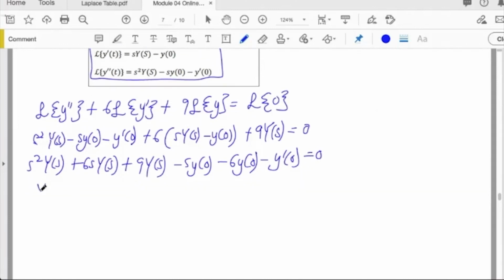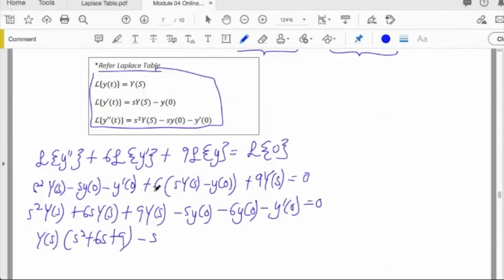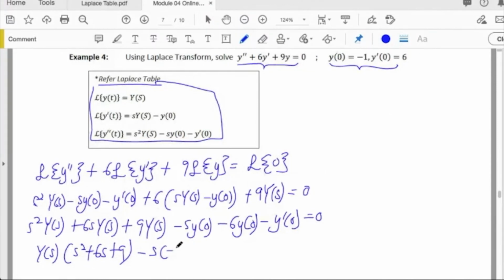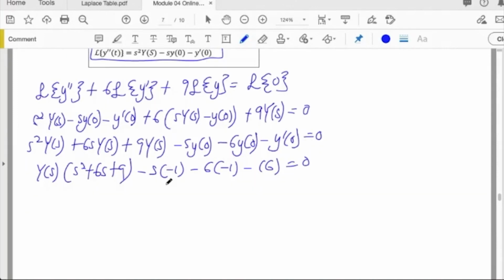Y(s) combined becomes s squared plus 6s plus 9, minus s. So what is your y(0)? Your y(0) is negative 1 and y prime(0) is 6, which gives you positive s, positive 6, minus 6 equal to 0.